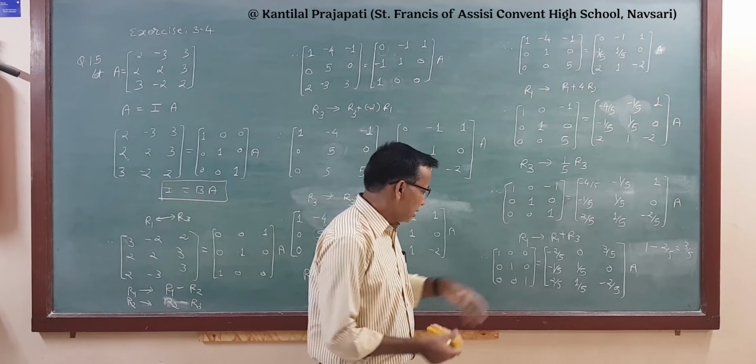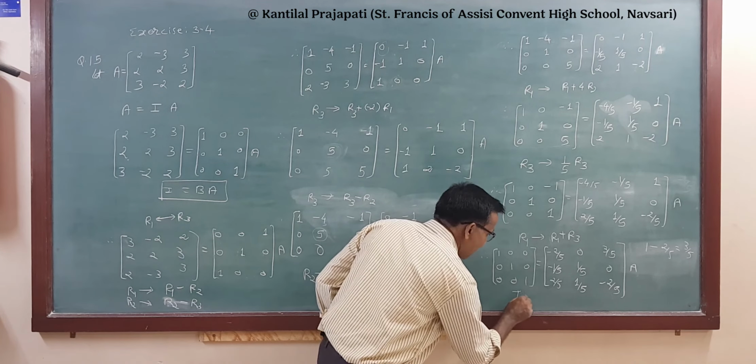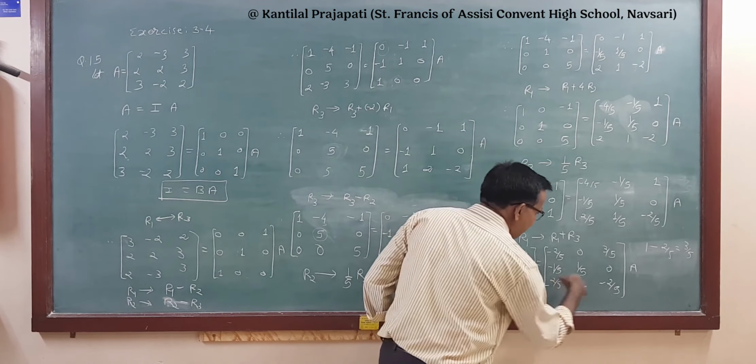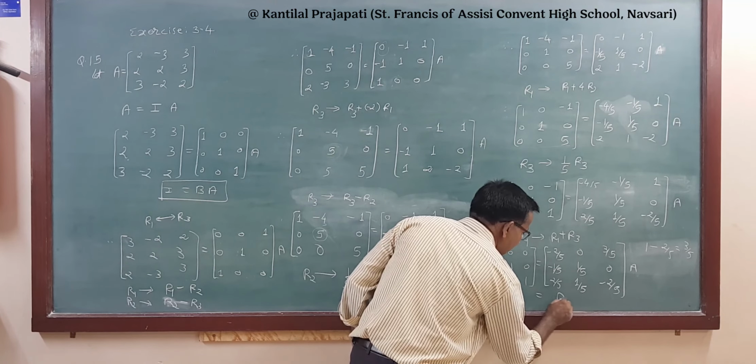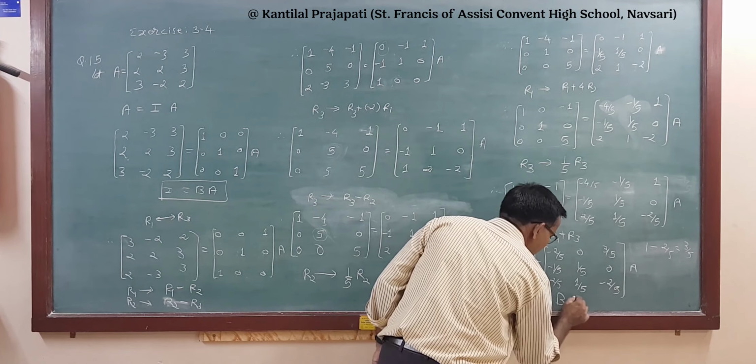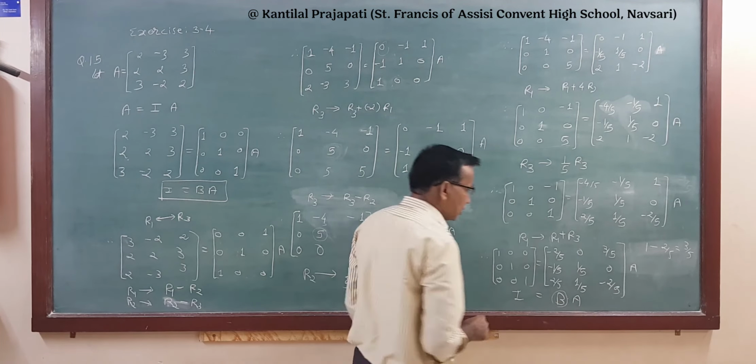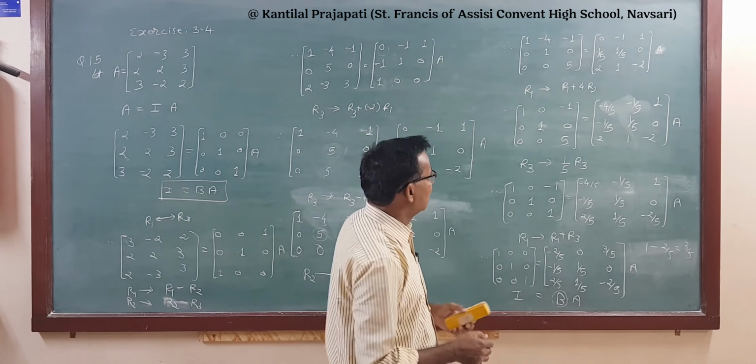So say here, this is your I. We get a new matrix in place of I, that is we say B, and this is your A. Then B is the inverse of matrix A. Right?